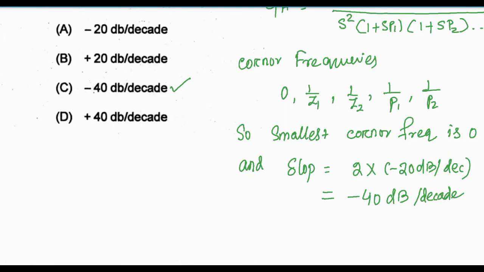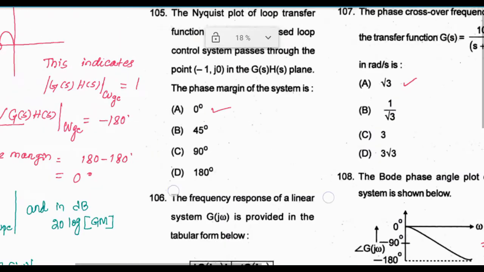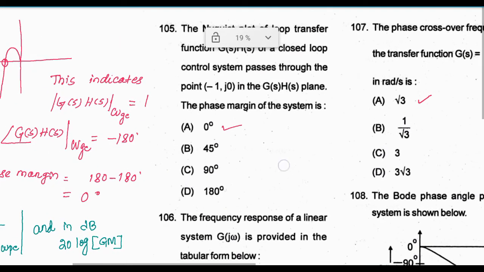Next is question number 105. In this question, what is given? The Nyquist plot of the loop transfer function G(S)H(S) of a closed loop control system passes through the point minus 1 plus j0 in the G(S)H(S) plane. What is the phase margin of the system?